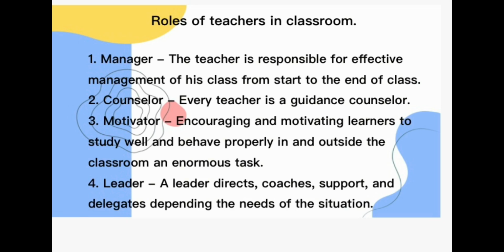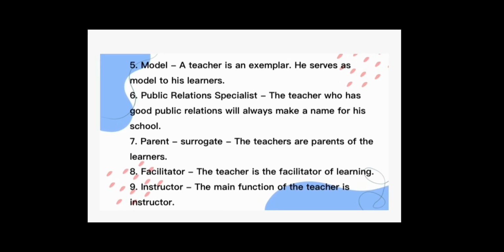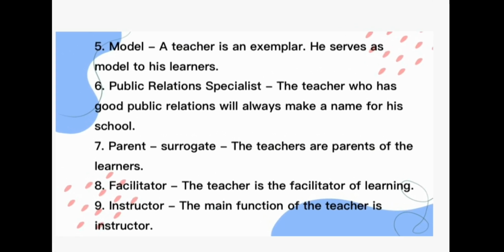A teacher always assumes the position of a leader and he has to be credible in this regard. Number 5, model. A teacher is an exemplar. He serves as a model to his learners. As a model, the teacher must look his best all the time, master his lessons, show his interest in the learner's welfare, show good behavior, and so on.